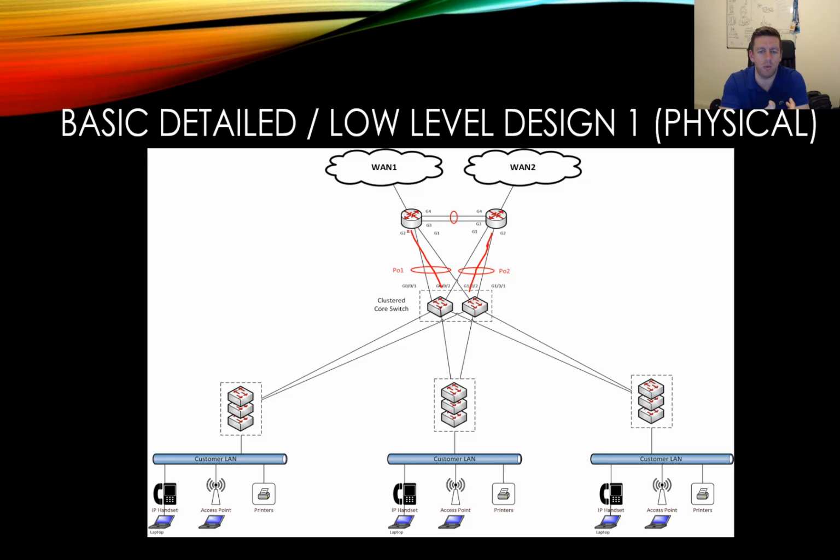The other way you could do this is to not use port channels, and have four /30s or /31s here, here, here, and here, and then use equal cost multipath, ECMP, over the two links.